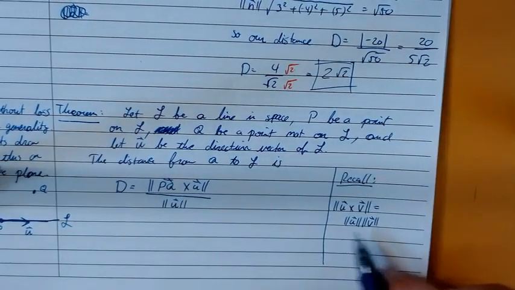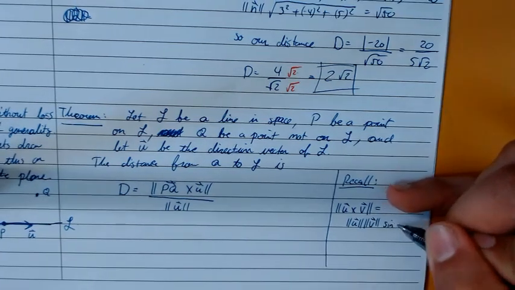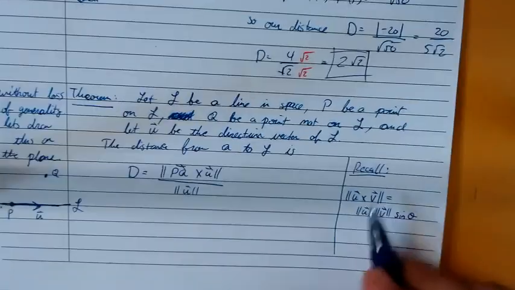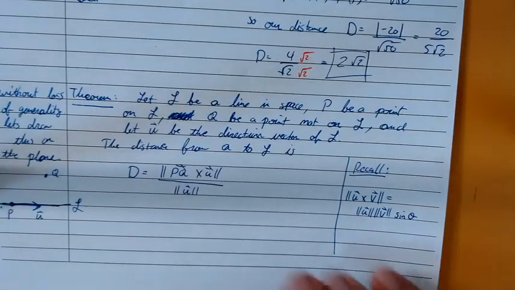It's not a cross product or a dot product, it's just multiplying two numbers, times the sine of the angle theta, where theta is the angle between the vectors u and v. Okay, so remember that one. That's what we're about to use here.